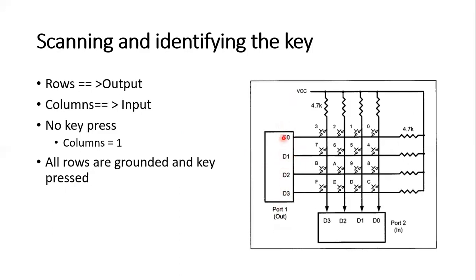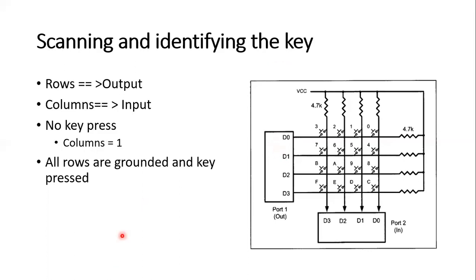Do you have any idea how we ground a particular bit of a port? Yes, very good. We write zeros into the latches. By writing zeros into the latch, we set the particular bit to the ground level.